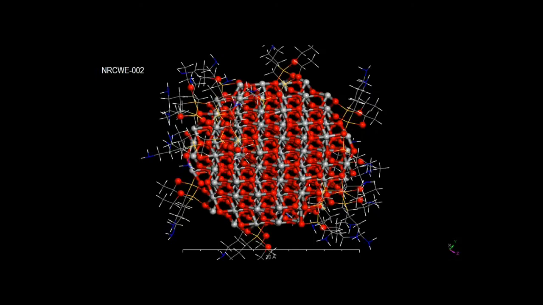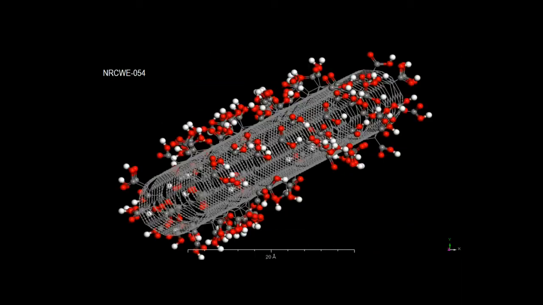So the molecular models that we built can also have a functionalization. So we wrote some script to automatically generate random distribution of such chemical functions on those nanoparticles or on the CNTs. Here you see a carboxylic acid modified surface of a carbon nanotube.